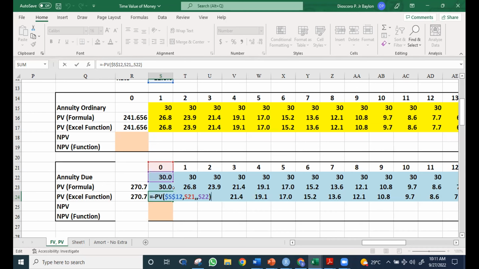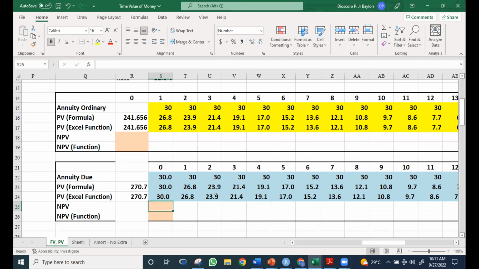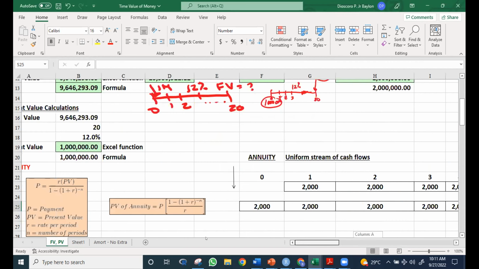So after this, we're going to automatically compute for the present value. Okay, all right. So clear now. Let's postpone the use of the NPV function. We'll use it later. Let's go back here to our problem.